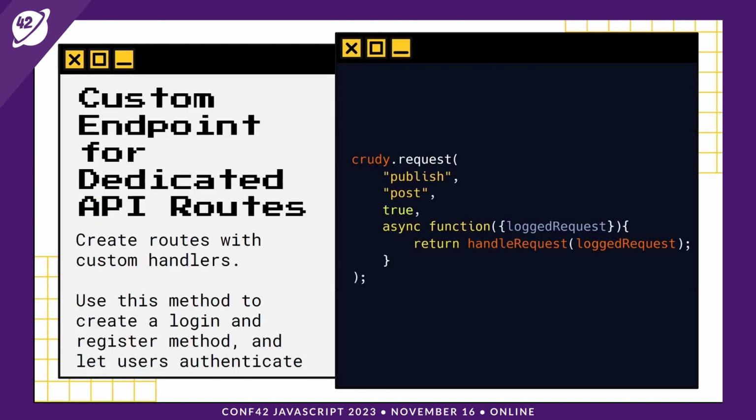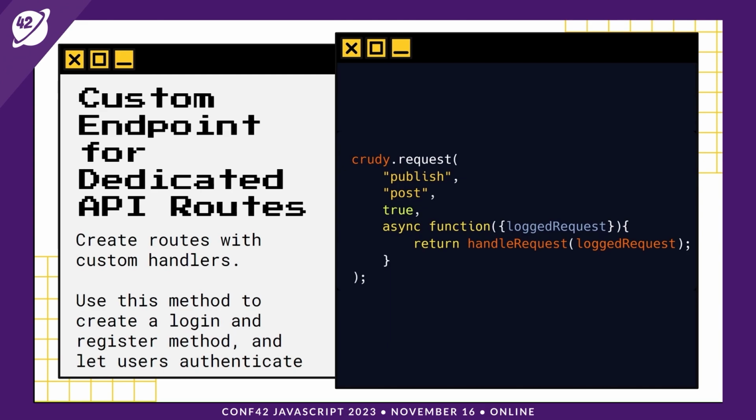You can also create custom endpoints. Let's say you have a custom endpoint that overwrites the default for a specific path. In this case, we have a post request on the publish path that needs to be logged in, so you need to be a logged user.